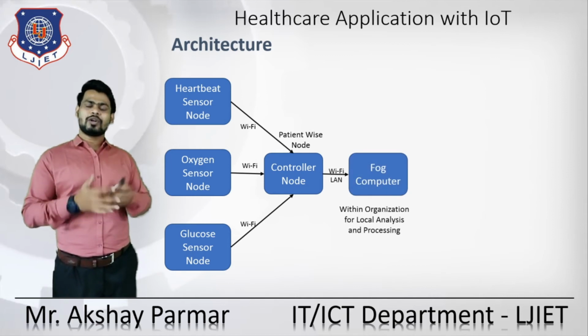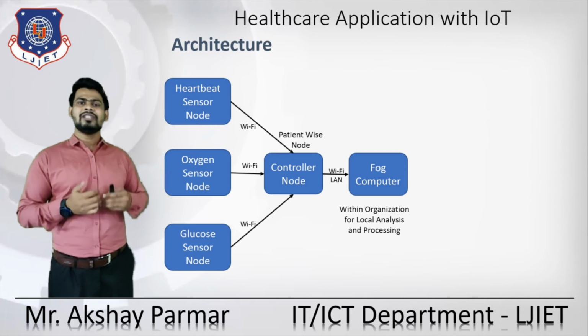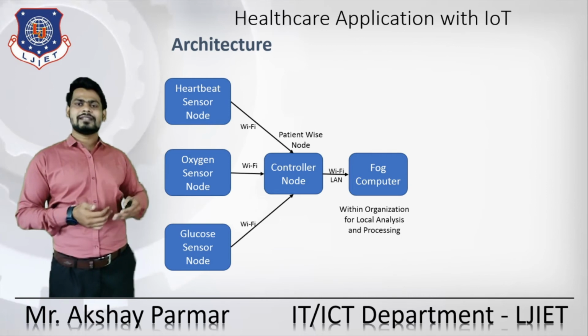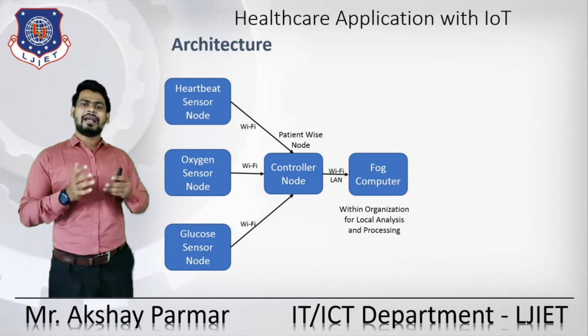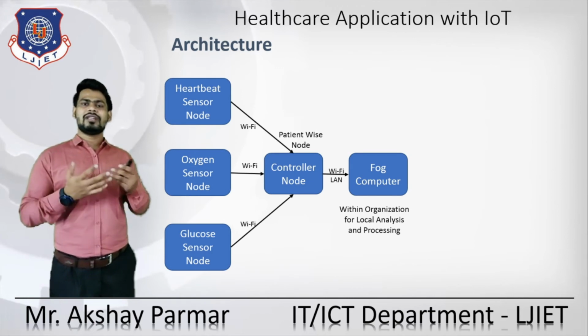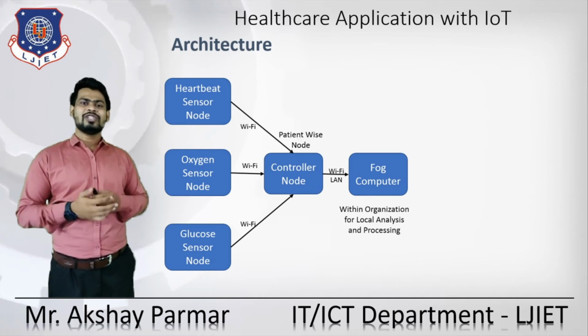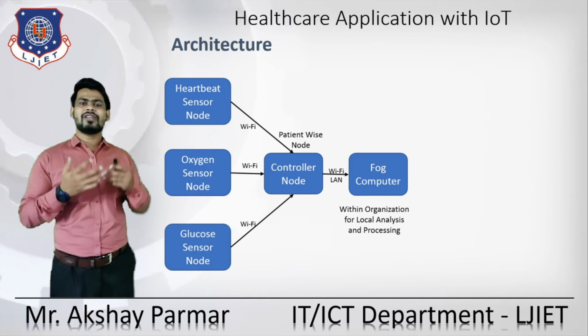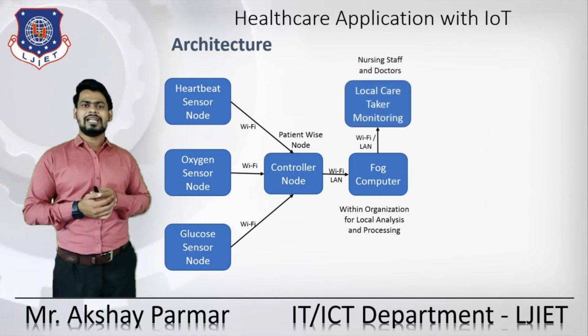After that, that controller node is sending the data to the fog computer, right? With the help of Wi-Fi or the LAN. So the sensors are connected with the controller wirelessly, and that controller node is connected with the fog computer or with the cloud with the help of Wi-Fi or the LAN, right? Within an organization, for the local analytics and processing task, we require fog computers, right?